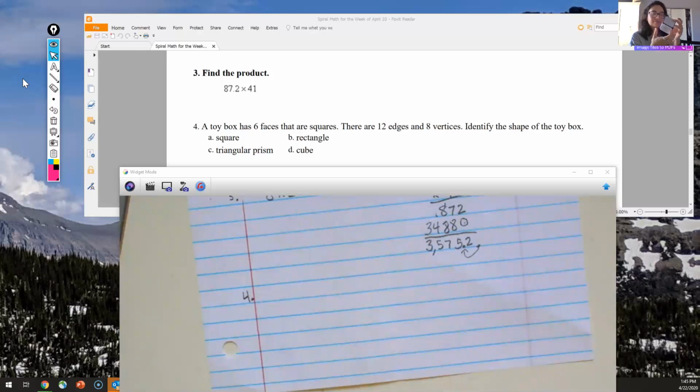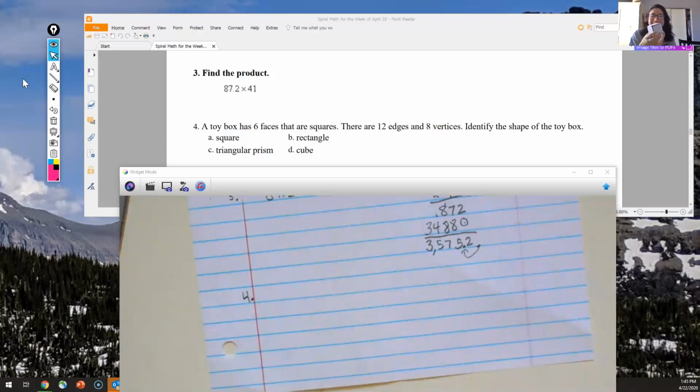Did I miss one? I'm missing 2. 1, 2, 3, 4, 5, 6, 7, 8, 9, 10. Yeah, and then 12. Okay. Yes. And then it has 8 vertices. So 1, 2, 3, 4, 5, 6, 7, 8. So there you have it. It is, drum roll please, a cube, boys and girls.